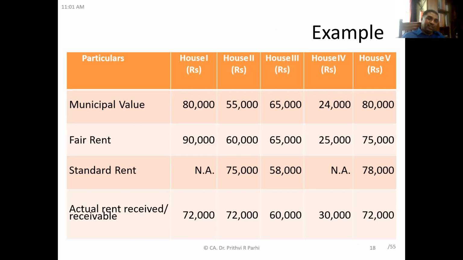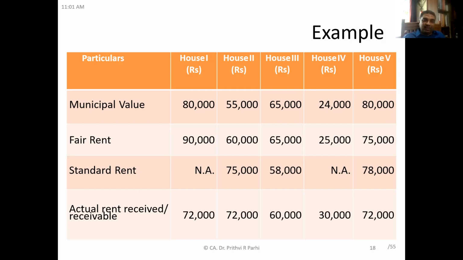Now, I request all of you to take a piece of paper and note down this particular question. We are planning to solve this question right now. I'm giving you 5 cases: house 1, house 2, house 3, house 4, house 5. Municipal values are 80,000, 55,000, 65,000, 24,000, and 80,000.